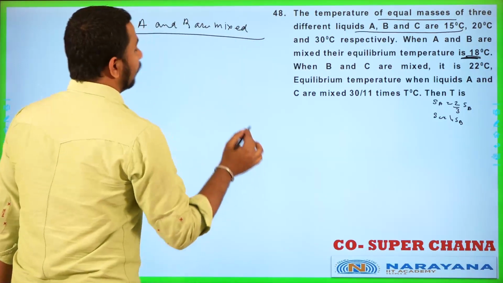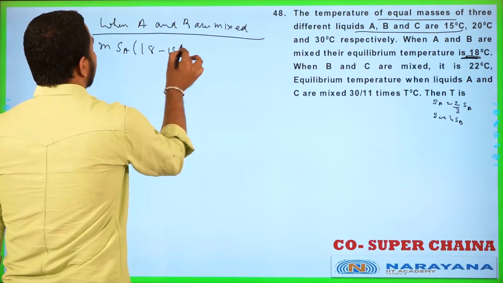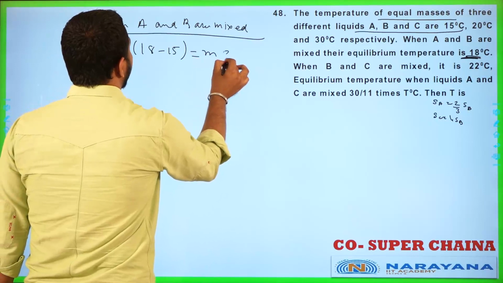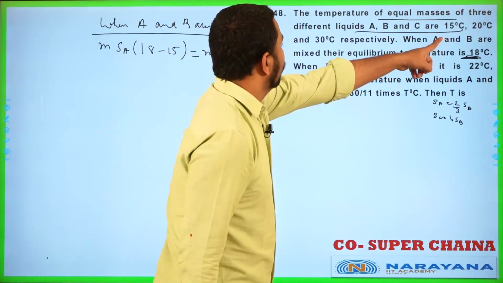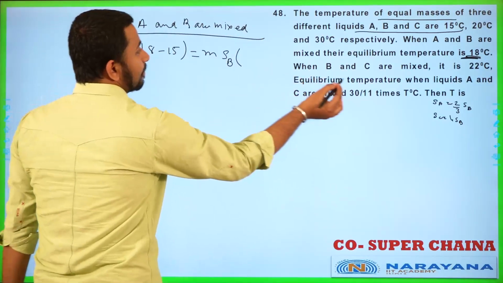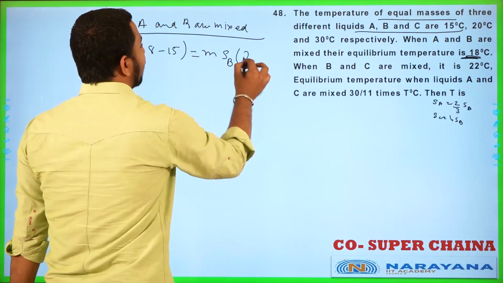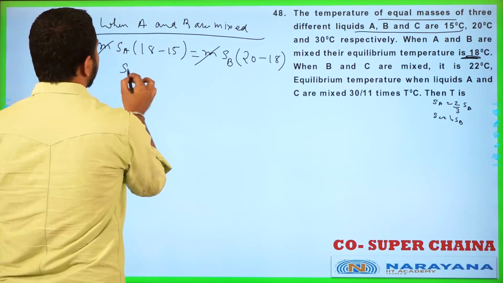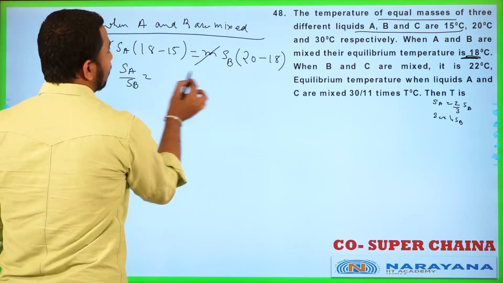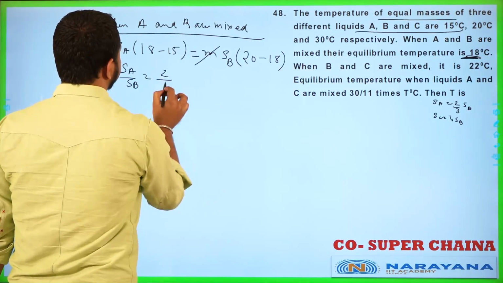So 18 minus 15 will be equal to M into SB into 20 minus 18. From here M will be cancelled out, and we get SA by SB as nothing but 2 by 3.